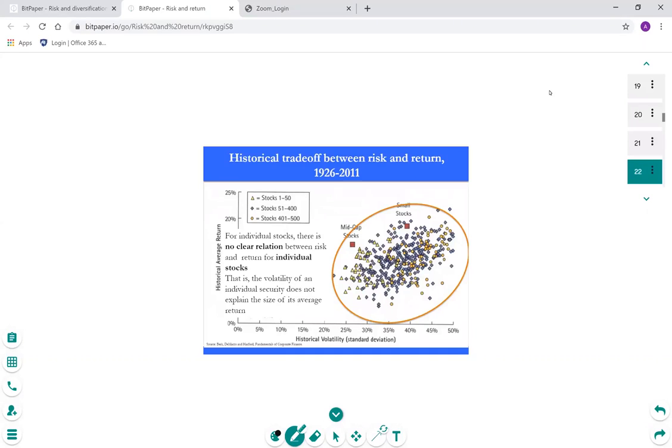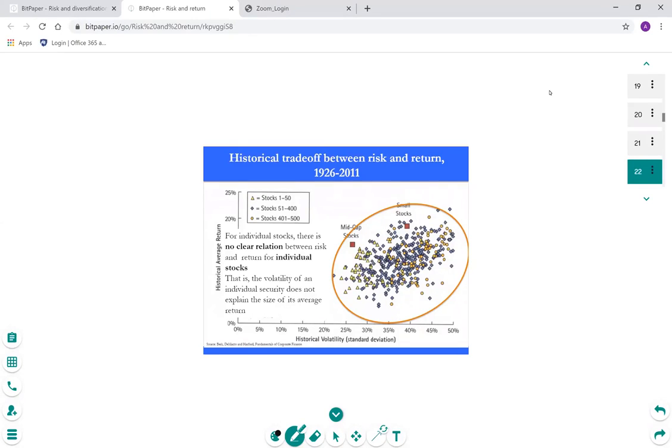Now, it's important to note that this relationship doesn't actually hold very well for individual stocks. So we see this cloud of individual stocks, which doesn't really have the same linear pattern. It's just sort of a big cloud. There's not really any systematic relationship between return for an individual stock and the volatility of that individual stock.